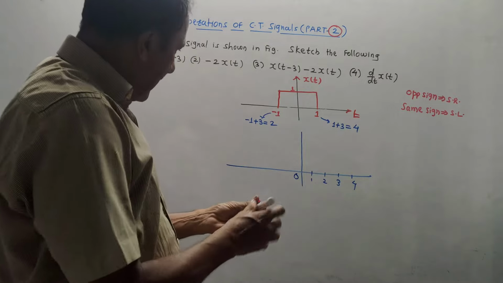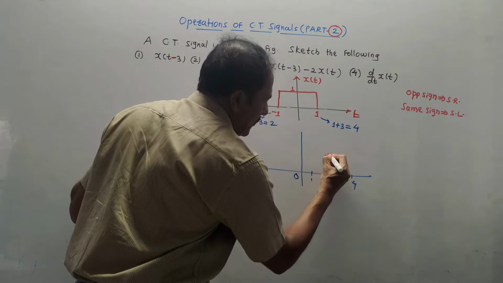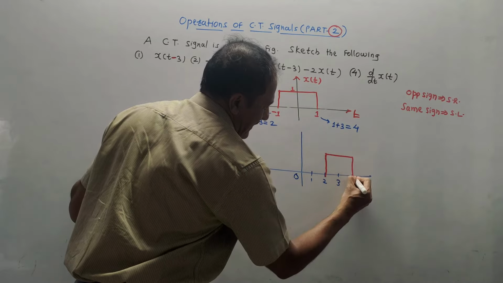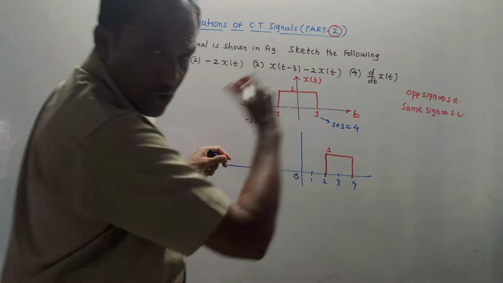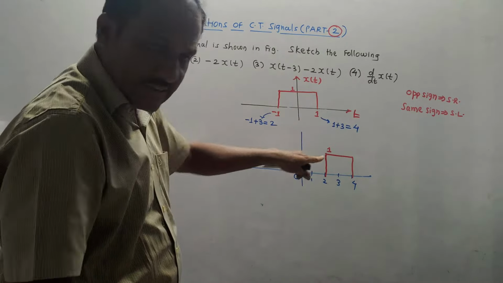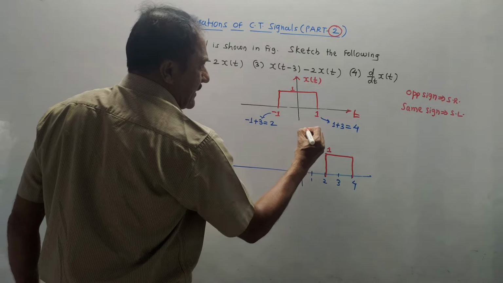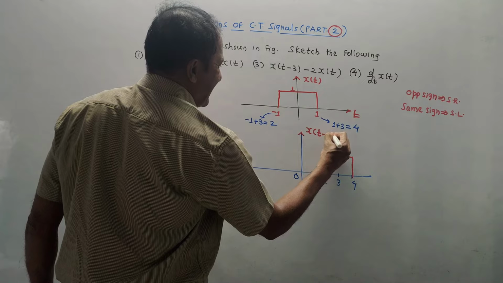So the resultant diagram will be from 2 to 4, whereas amplitude remains as it is. That means amplitude is 1, it remains as it is. Only the position of the diagram is changed. I have shifted this diagram towards right. So the resultant diagram is x of t minus 3.